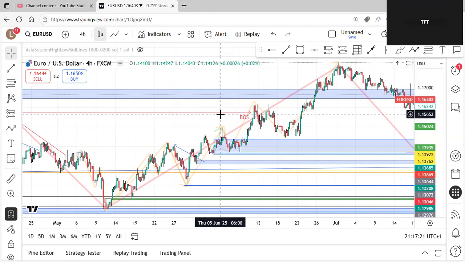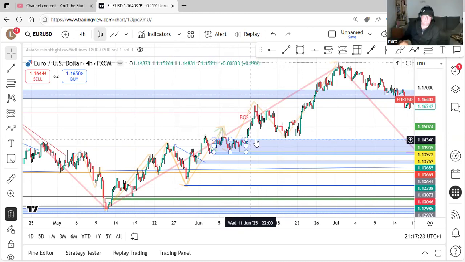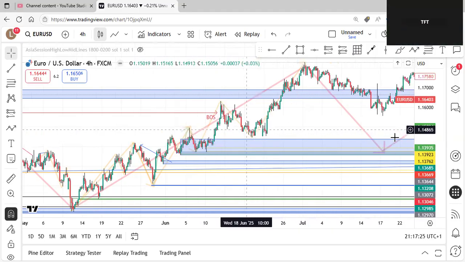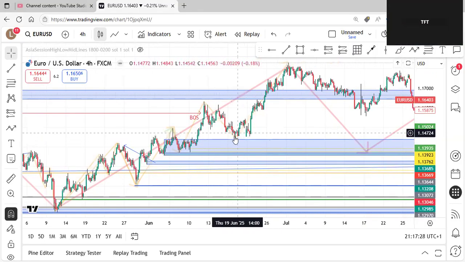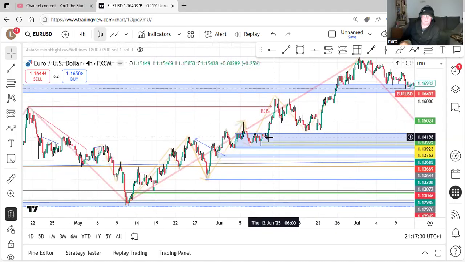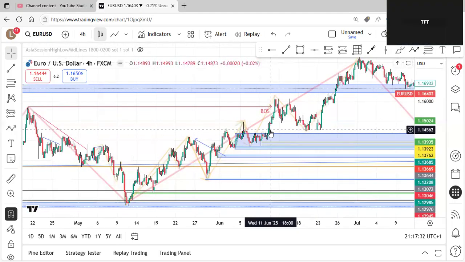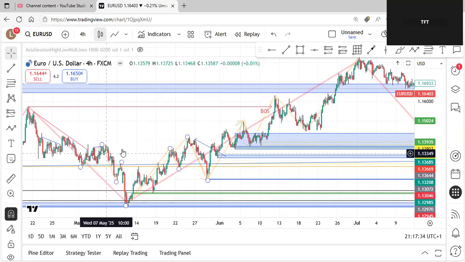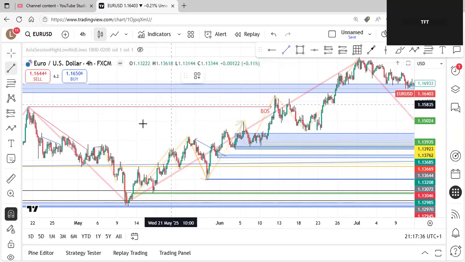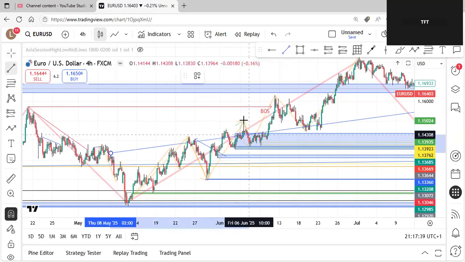So basically, we've just looked at this as a reversal there, but the continuation might be here. Maybe it takes a trend line up here. Let's see if there's any trend line that we can mark up.